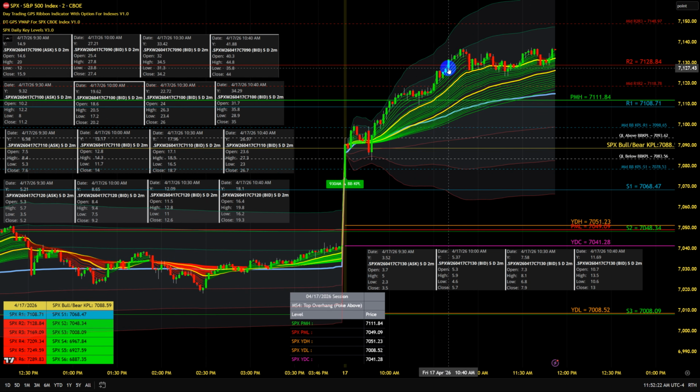Okay, so now we're going to move on to the early session lotto option trades. So the 7120, of course, was based on the 1.5 level move target level being the closest strike to that level. Started out at $5.20. When it gets to the R1 level here on the scalp only exit, $9.20.